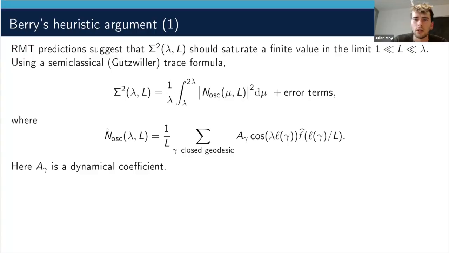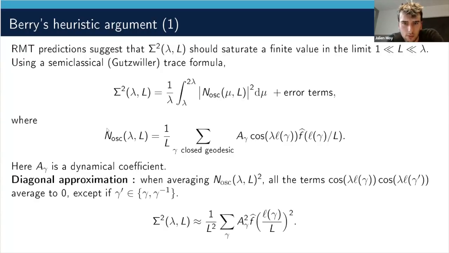So using this semi-classical trace formula, we can rewrite, up to some error term, the number variance as some average of the square of the oscillating sum. And then what Berry said is that we can perform a so-called diagonal approximation. In the integral, when you take the square of the oscillating term, you get some cross products between the cosines. The cosines oscillate very fast, and we may hope that the products average to 0.